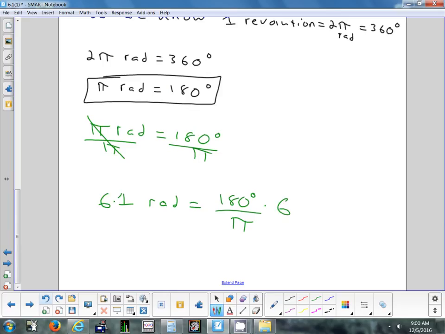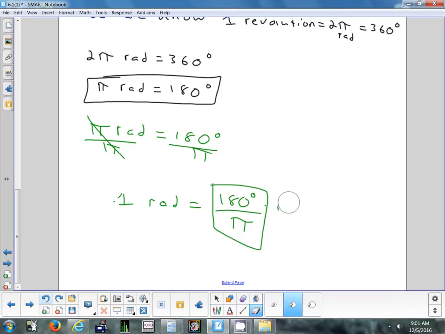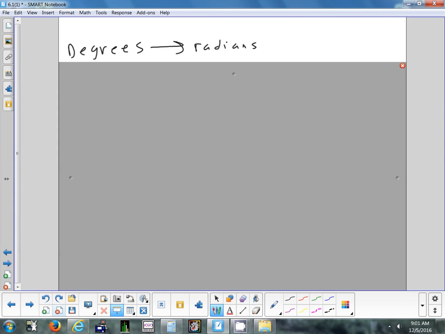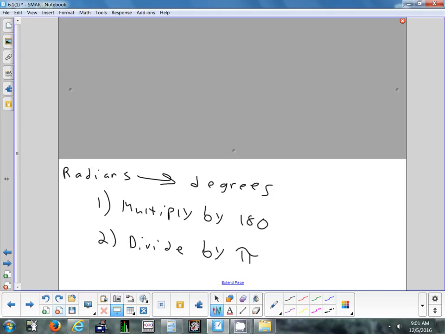But notice what stays the same every time: 180 over pi. So anytime you want to change from radians to degrees, all you have to do is take your angle and multiply it by 180 and divide by pi. And that's how you change from, well, we did it the other way first, but that's okay, from radians to degrees. Multiply by 180, divide by pi.